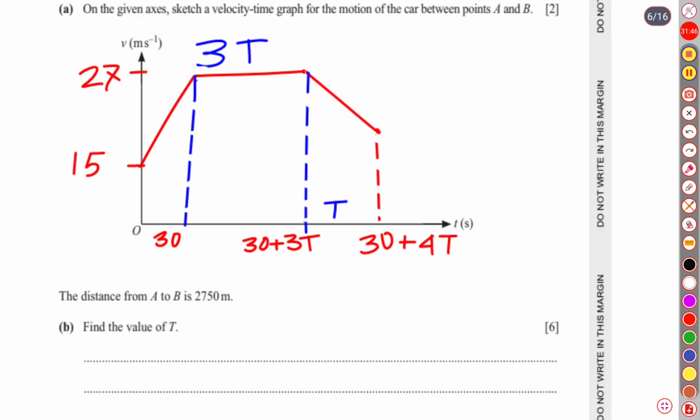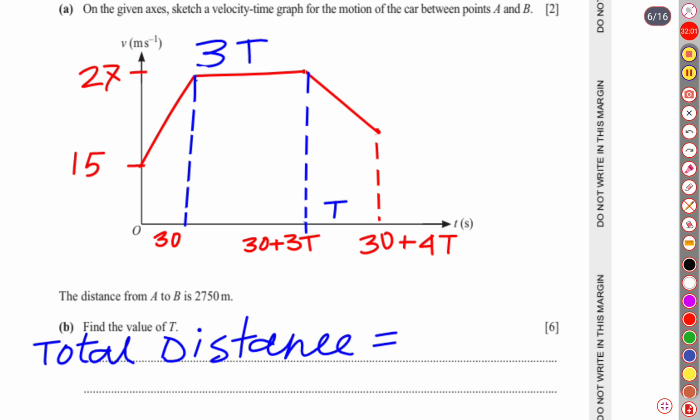So we can start writing our solution as total distance. Total distance, as they have given, is 2750 meters. For the first phase, it is a trapezium.